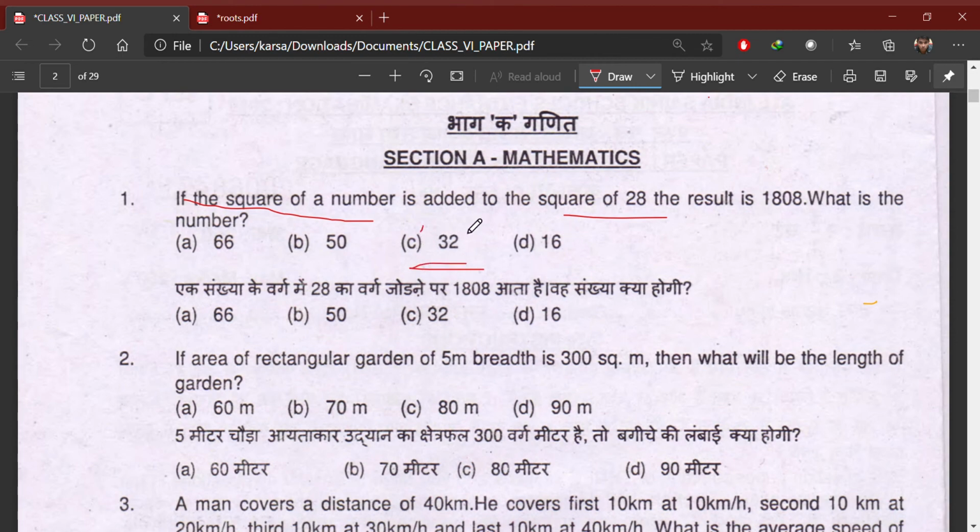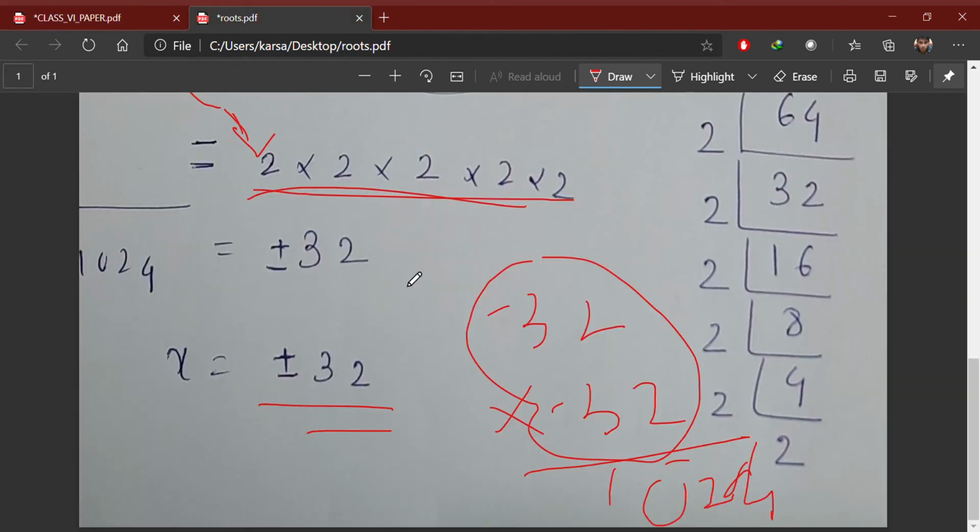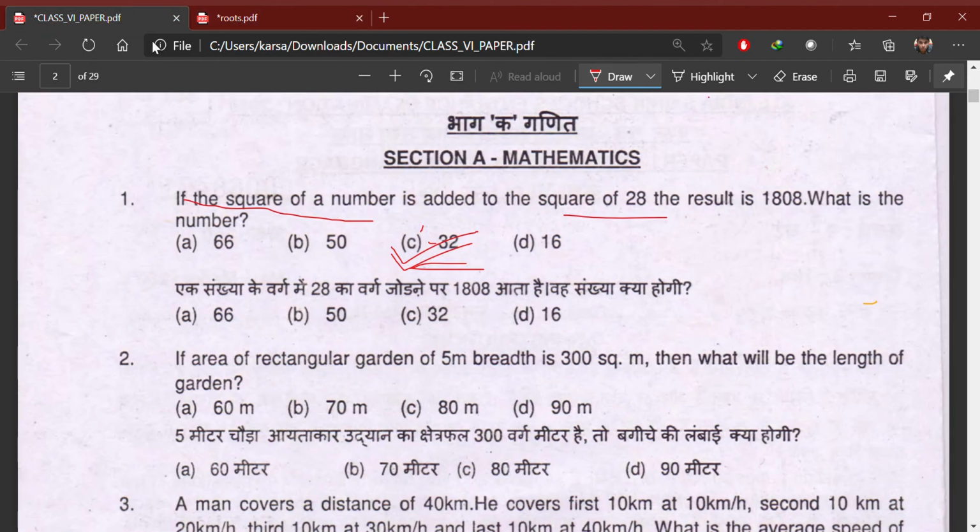Suppose there is one more option here, and instead of plus 32, minus 32 is given. Then that will also be the right answer, because the square root of 1024 is plus minus 32. They may change the question and put minus 32 instead of plus 32 here, and you need to mark it very carefully.